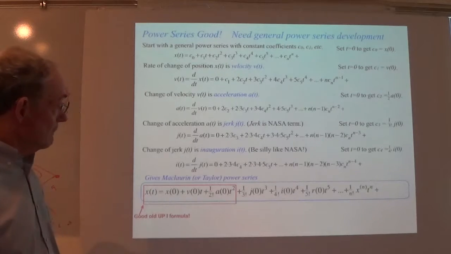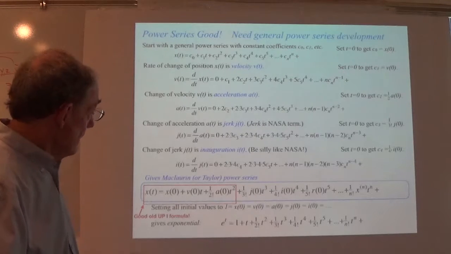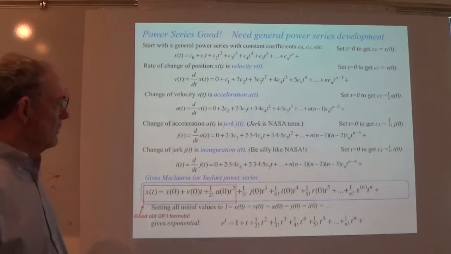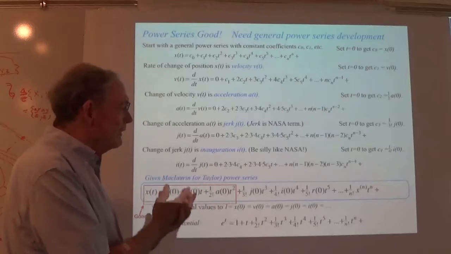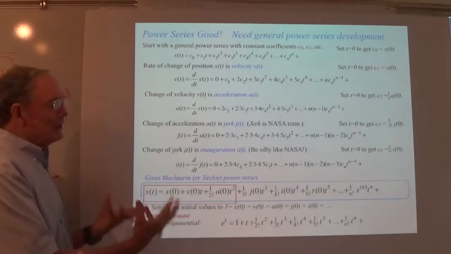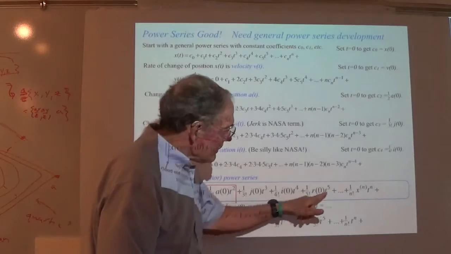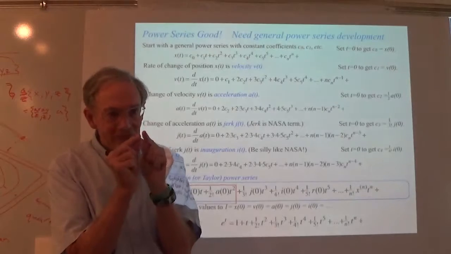The good old UP1 formula is hiding in the Maclaurin power series. Okay. Now the exponential, very weird, and all of this is kind of weird because it's really saying, if mathematics was really sort of, shall we say, perfect, then all I have to do is get all of these numbers and I predict the future from one point.